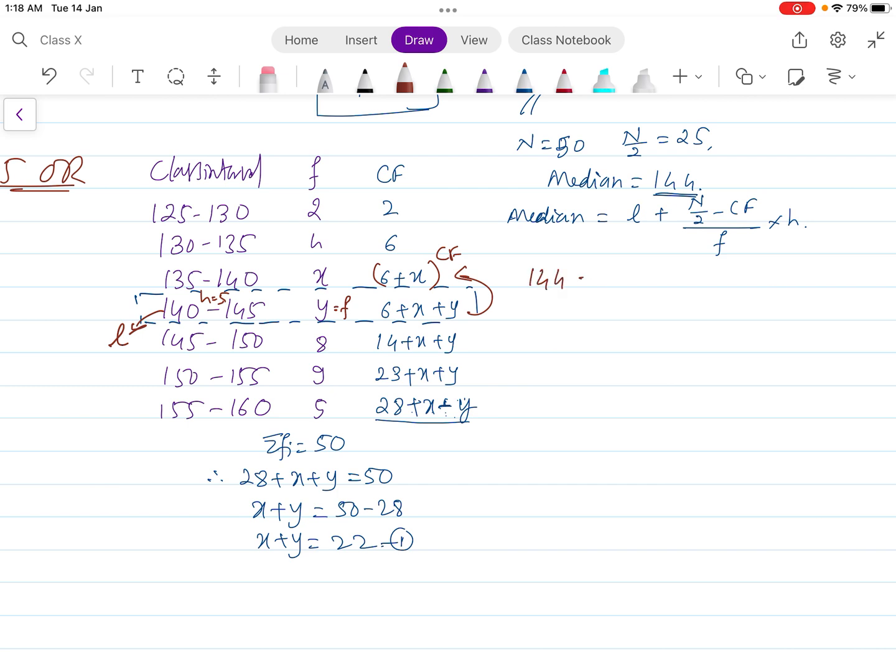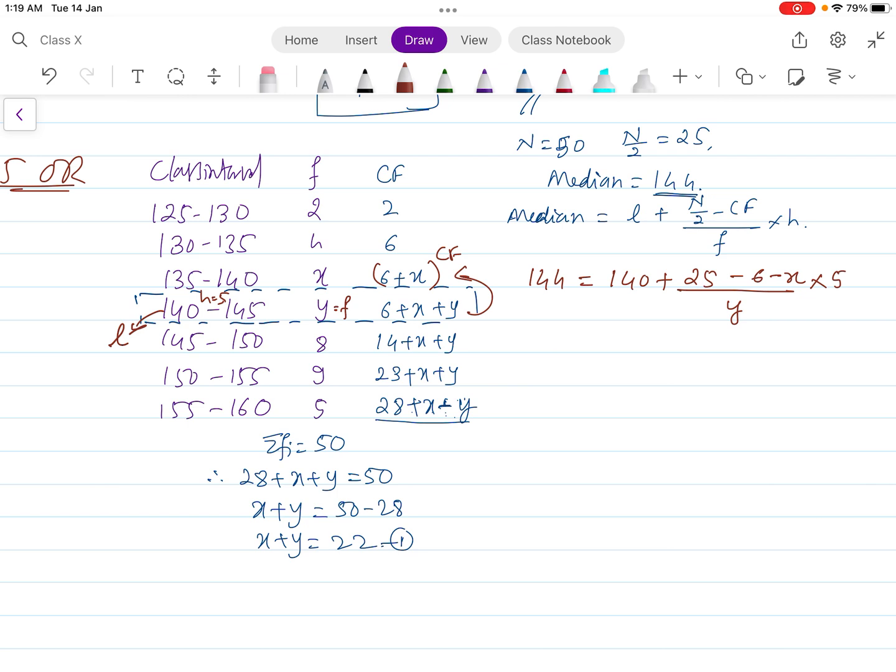So median is 144, equals L is 140 plus n by 2 is 25 minus CF is 6 plus x. So when I take the bracket outside, 6 minus x divided by f, which is y, into h, which is 5. Okay, so this is what you will get. So write it carefully.